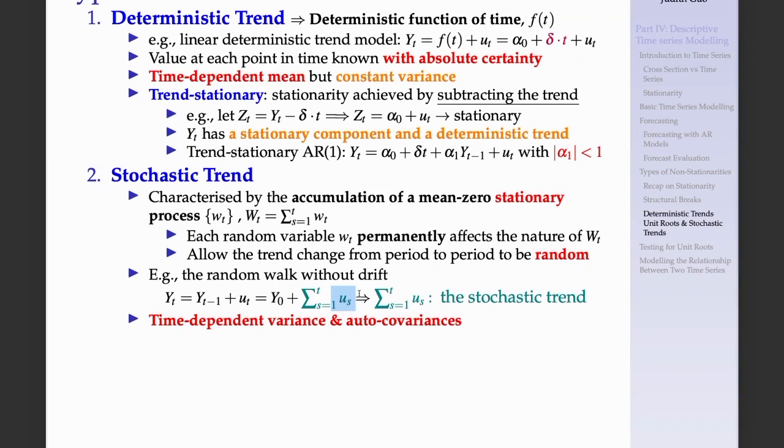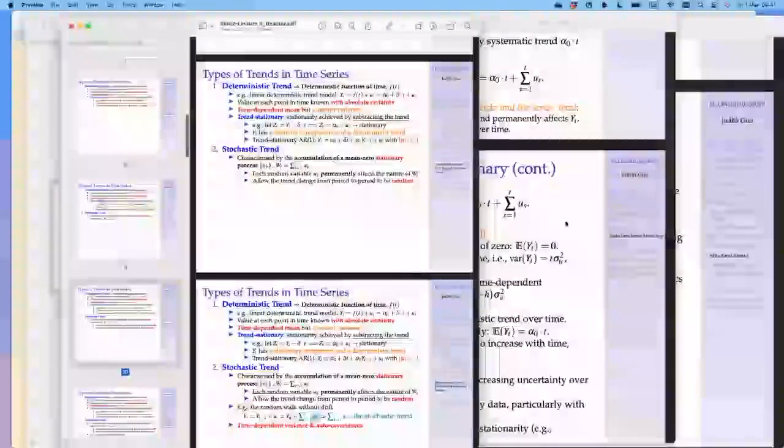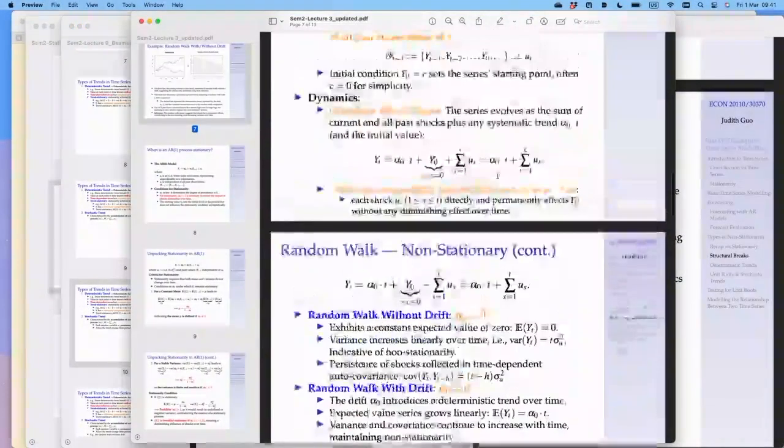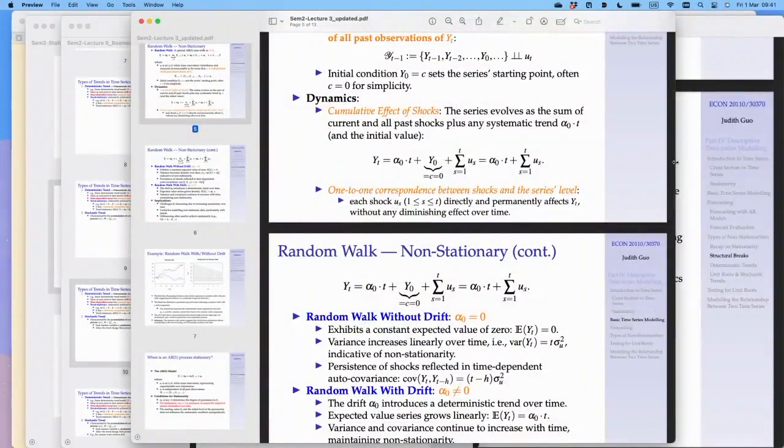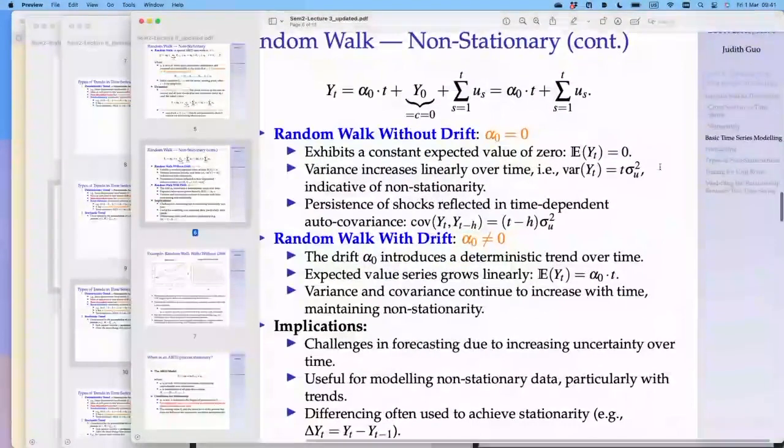And we've already seen that this model has a time-dependent variance and also a time-dependent autocovariance. Remember back in lecture 3, where we talked about random walks, we found that the variance is equal to t times sigma squared u. So the variance directly depends on the time index t.